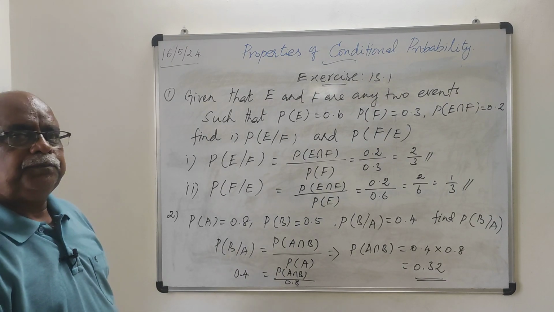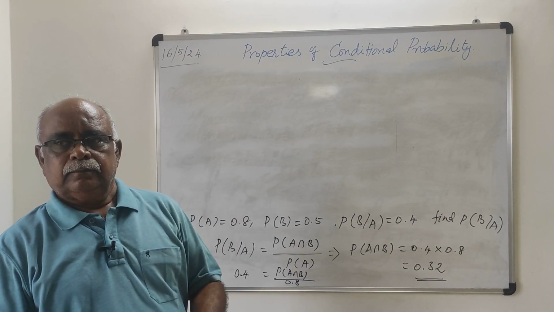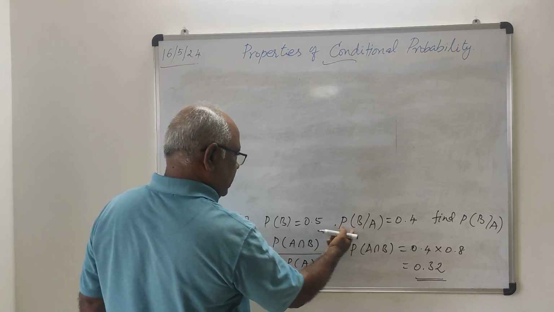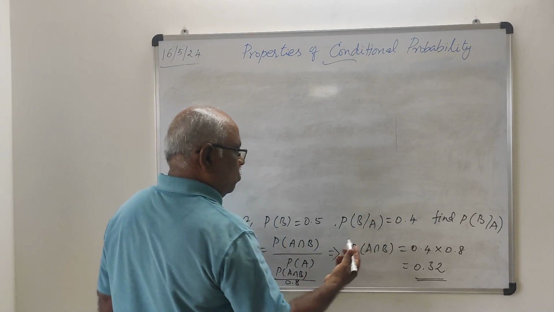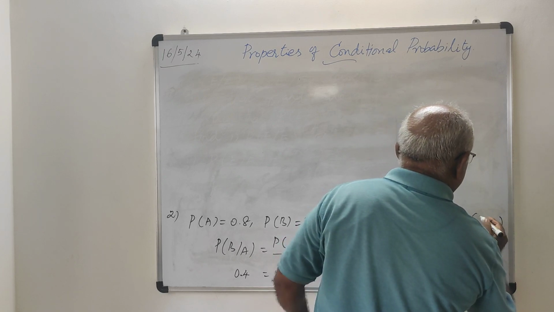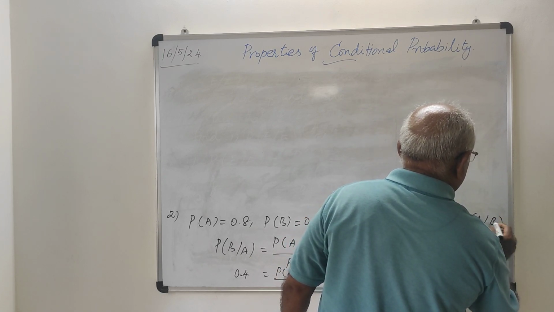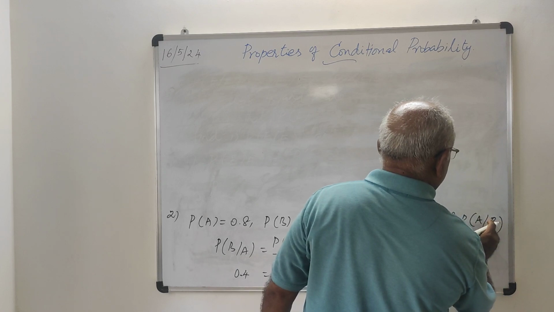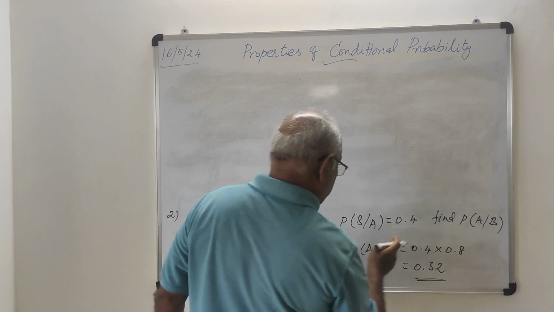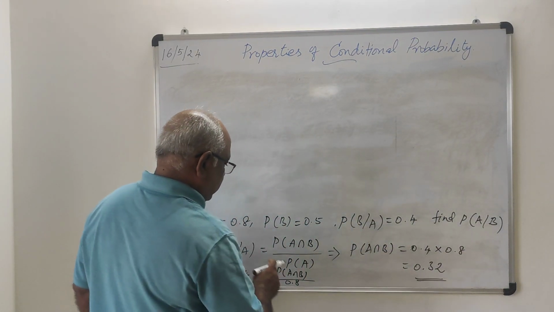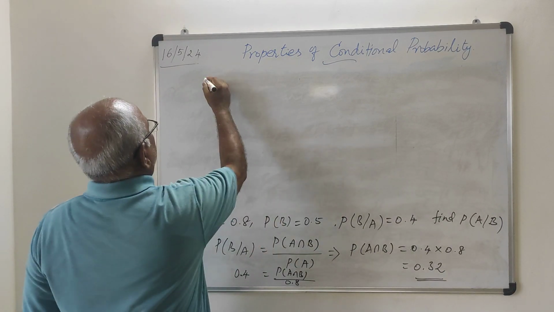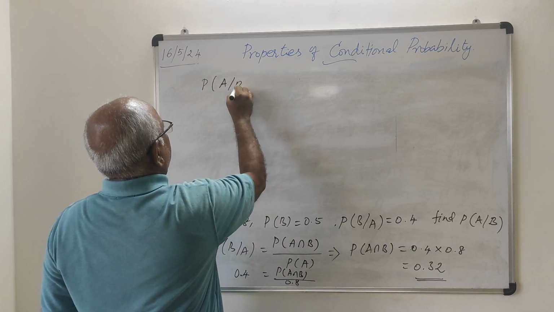Now listen, if P of A is 0.8, P of B is 0.5, P of B by A is given as 0.4, find P of A by B, sorry, not B by A, find P of A slash B, the probability of event A given that the event B has already occurred. To find P of A by B, we want P of A intersection B, which was determined from the previous expression.